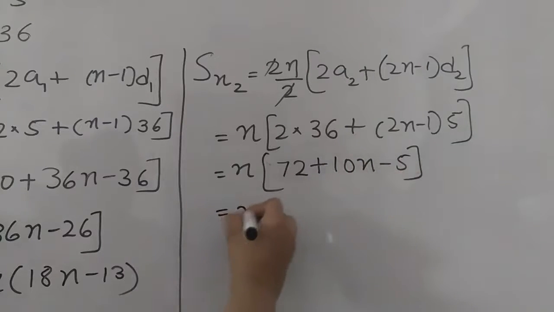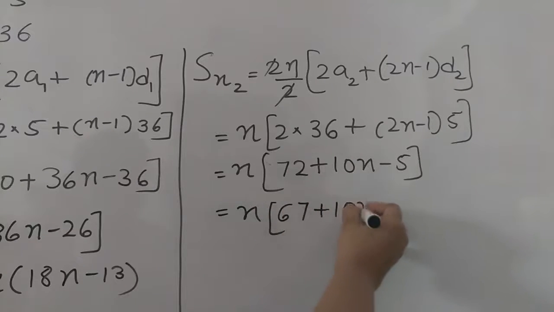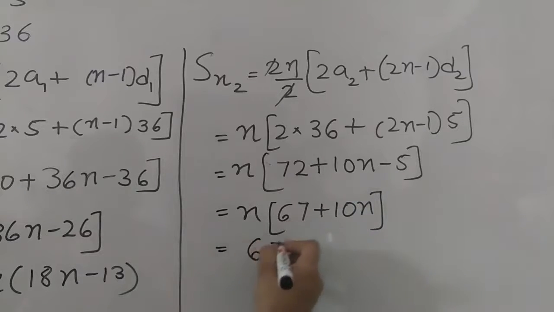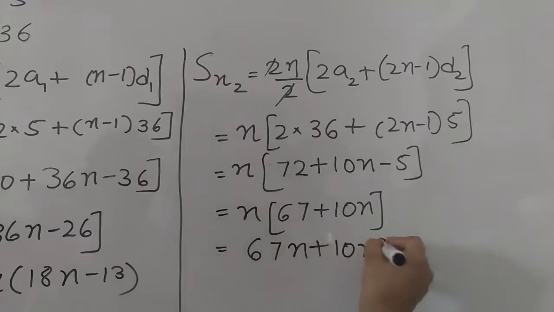So now taking subtraction, 72 minus 5 is 67, plus 10n. And then we multiply it inside: 67n plus 10n square. This is what we found on our right hand side, using our second AP.